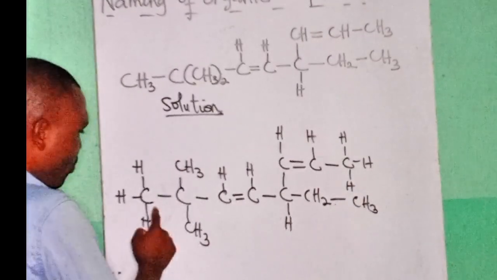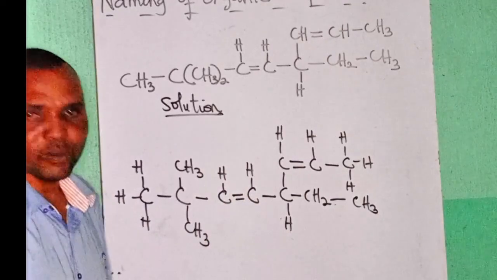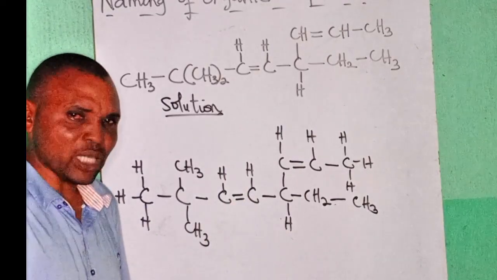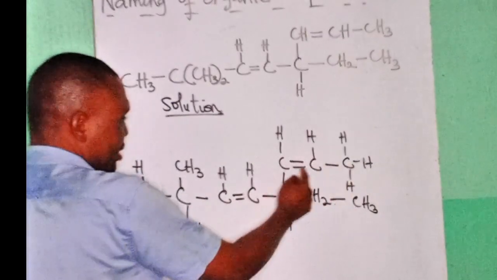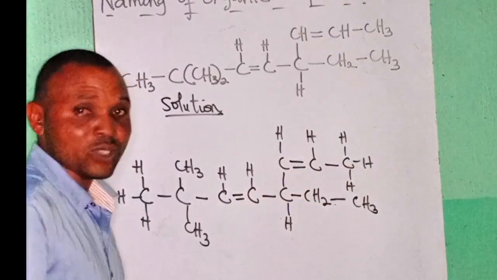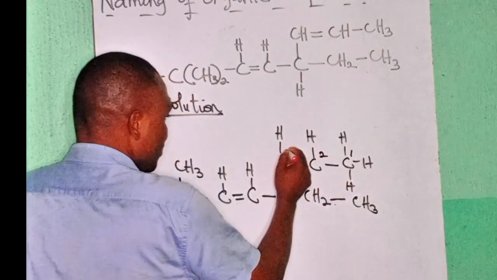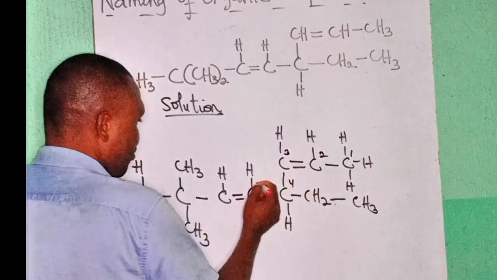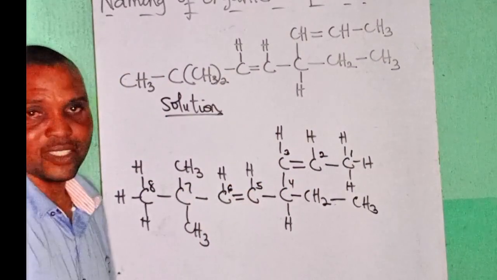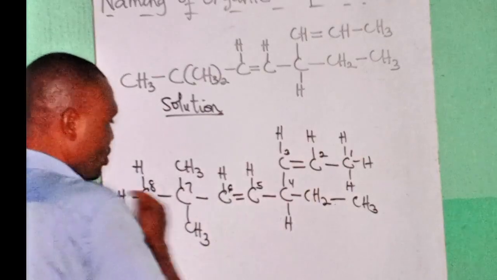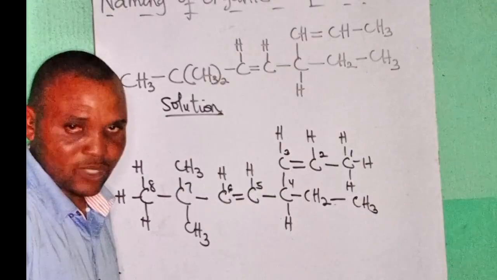If I count from here, 1, 2, 3, 3 carbon atoms before the double bond. So which one is shorter? This, right? Good. So I'm going to start counting from here. Of course, this is my first carbon atom. All right. So this is 1, 2, 3, 4, 5, 6, 7, and 8. So this is the longest continuous carbon chain, and that is my first carbon atom.